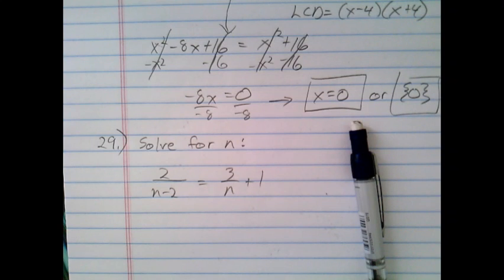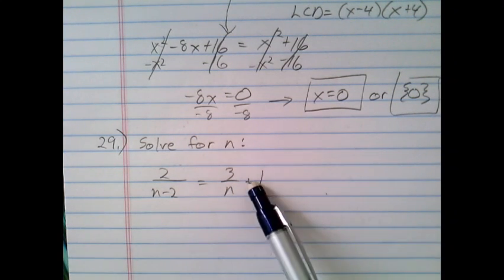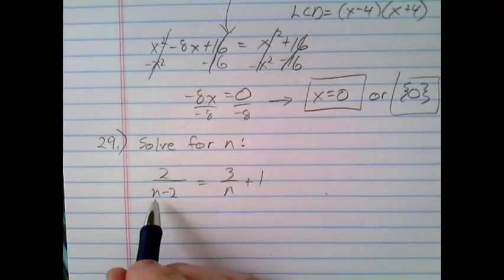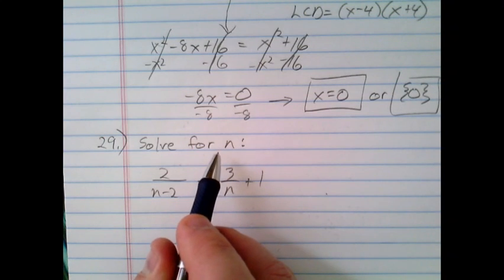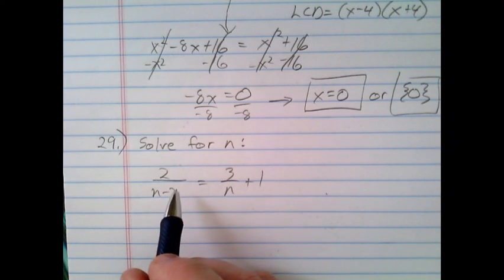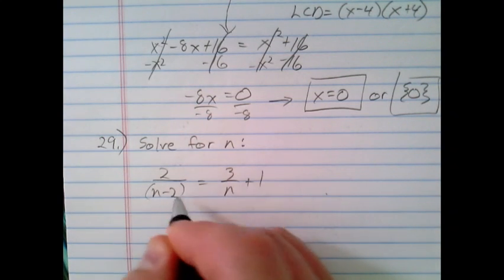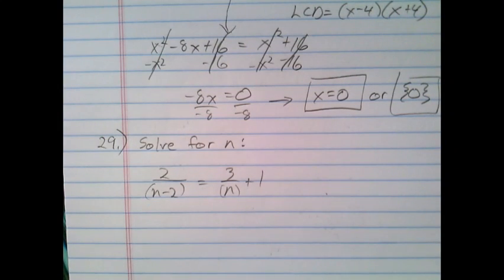This problem is similar to the ones we were just doing. We're again solving an equation that has fractions in it, a so-called rational equation. In this case, the unknown we're searching for is n rather than x, but it doesn't really matter what you call it. We're still going to start by looking at our denominators and identifying a lowest common denominator.